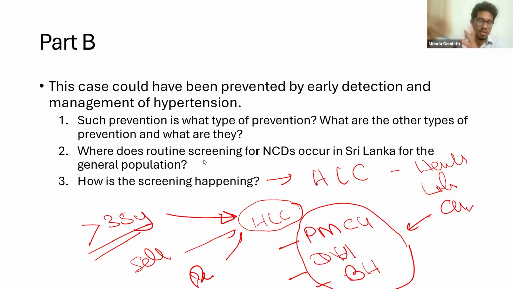So the screening will include height, weight, BMI measurements, then evaluation of blood sugars, then cholesterol levels, measurement of blood pressure, and then lifestyle assessment and lifestyle modification advice, health education, health promotion. So those are the things that happen in the HLCs, right?